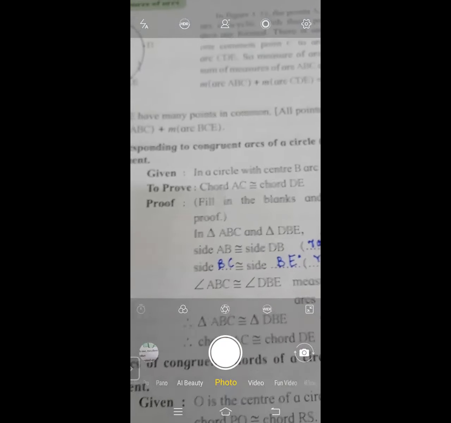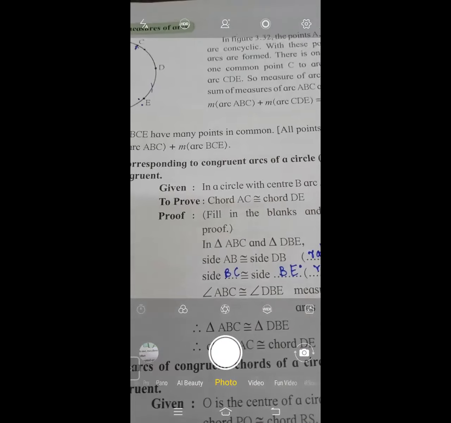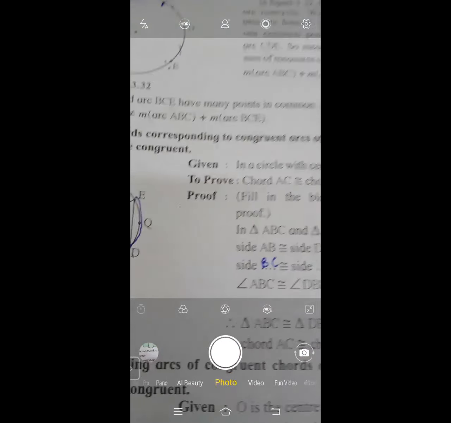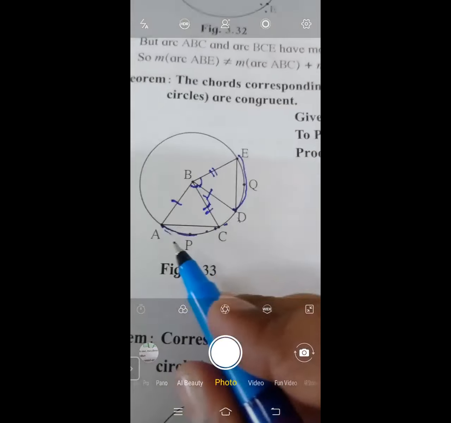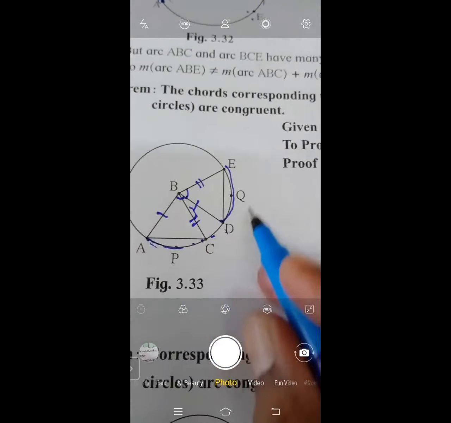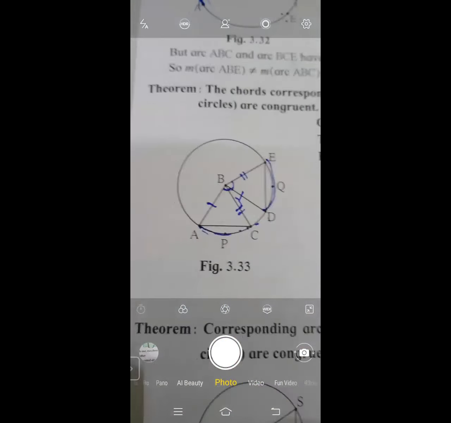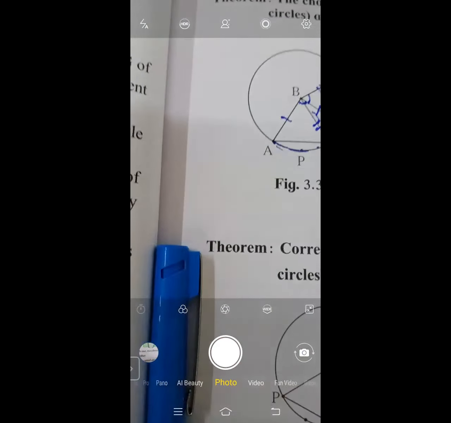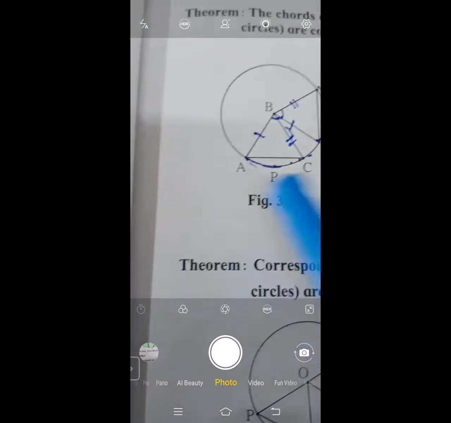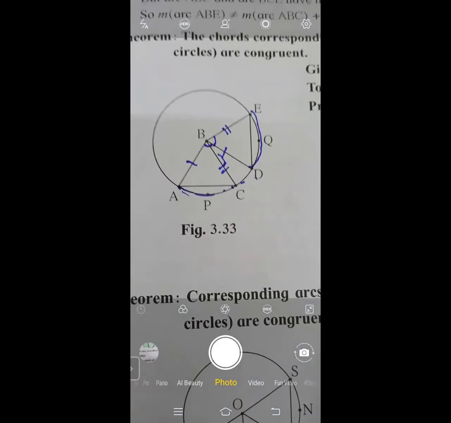This was the simplest theorem which helps us remember this property: if we have congruent arcs, then the corresponding chords will also be congruent.